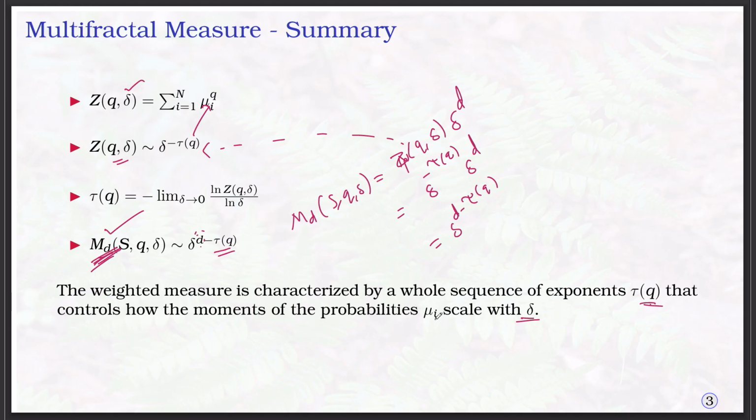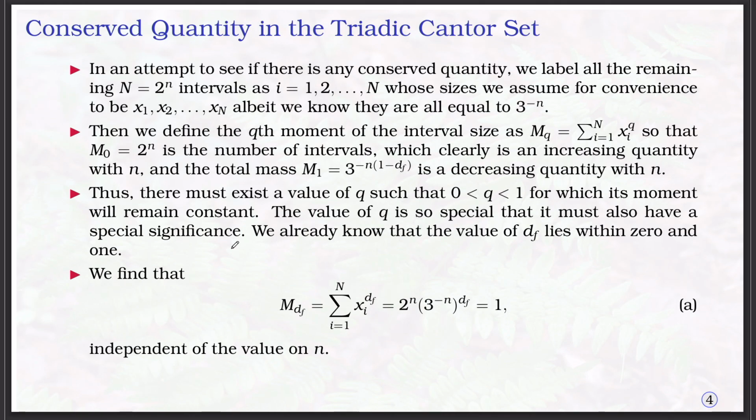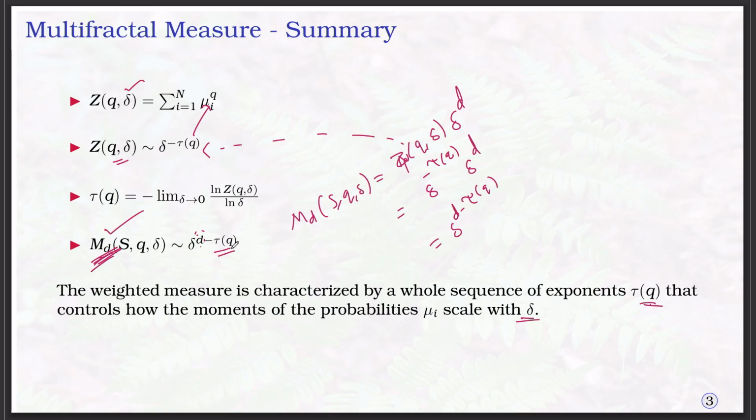So here the measure plays the role, whereas in the Hausdorff dimension we are not considering the measure, only considering the number of boxes.